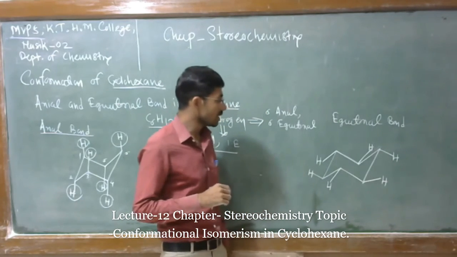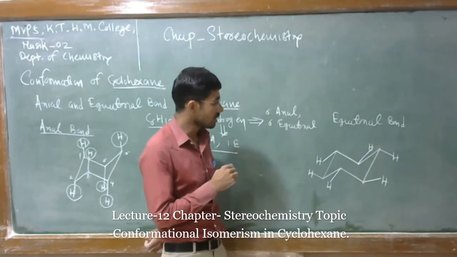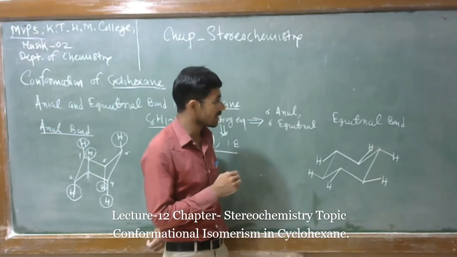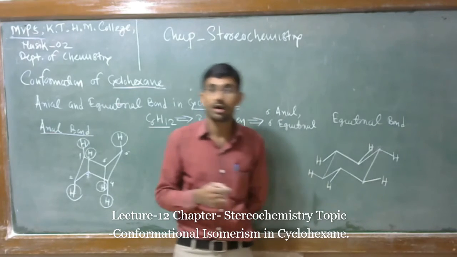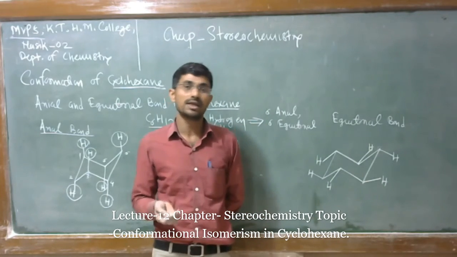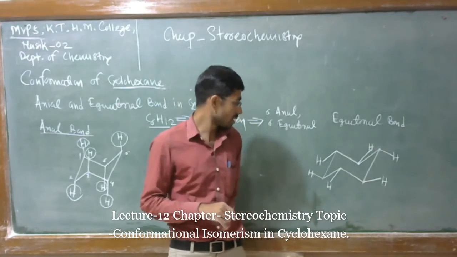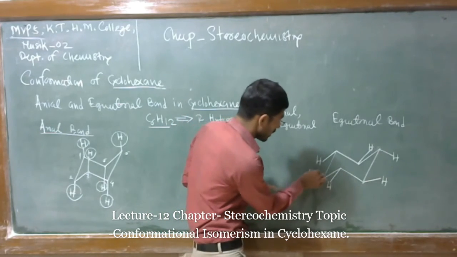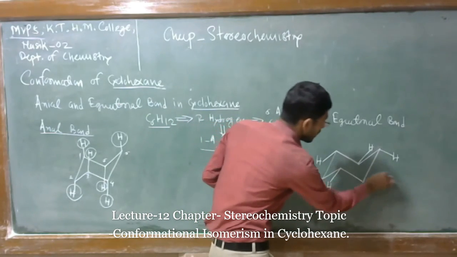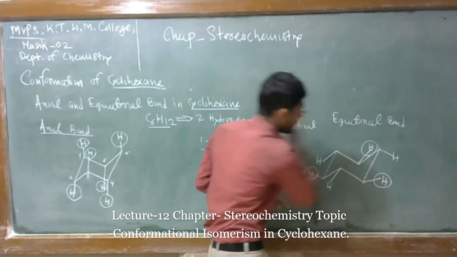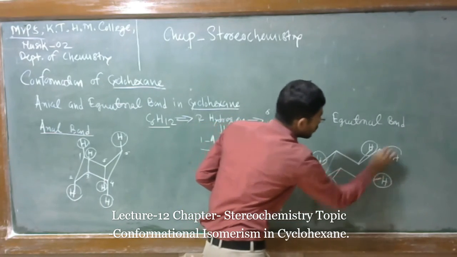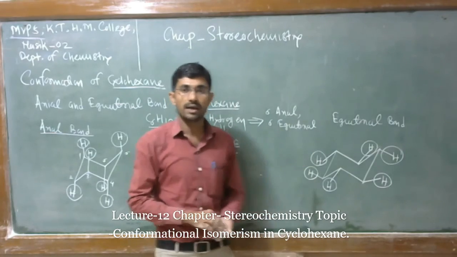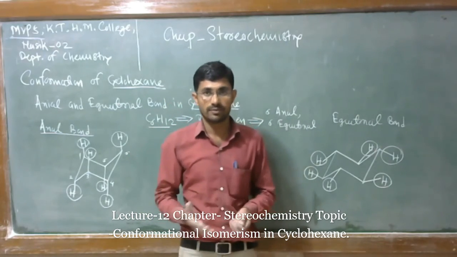In the same way as the axials, 3 equatorial bonds are above the plane and 3 are below the plane. This one is above, this is above, and this is above. This one is below, this is below, and this is below.